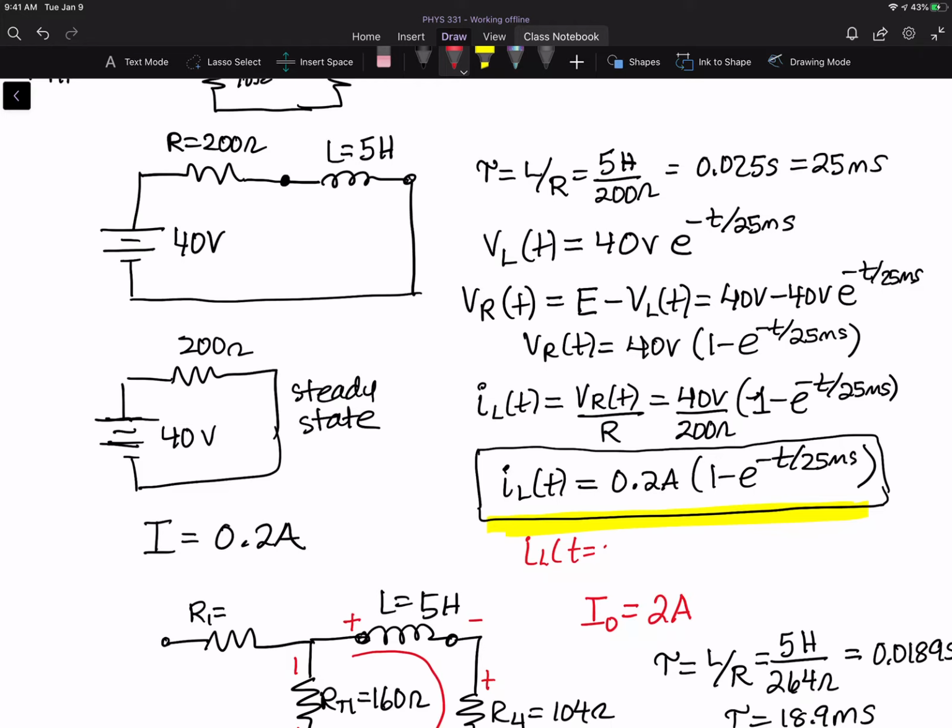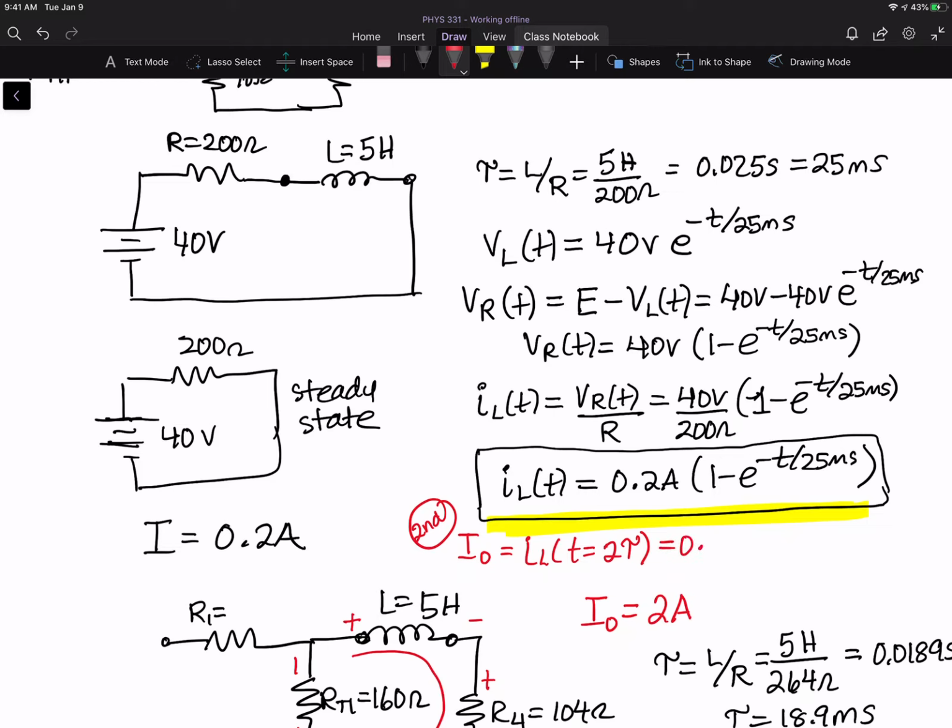So we'd have to determine what is that current after 2 time constants, and that becomes our initial current in the circuit during the de-energizing process. So this is for the second part of the problem.